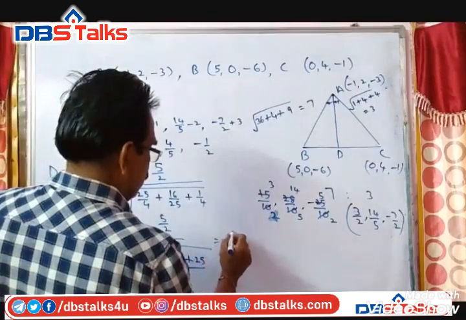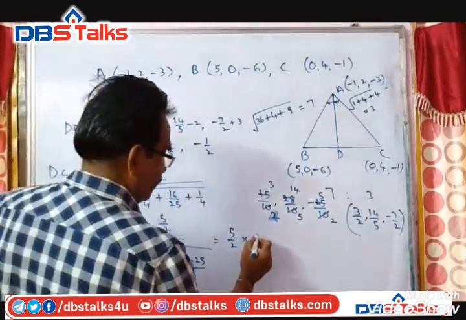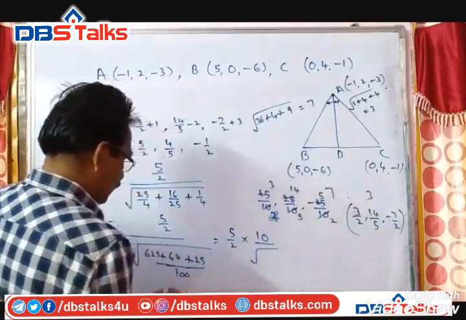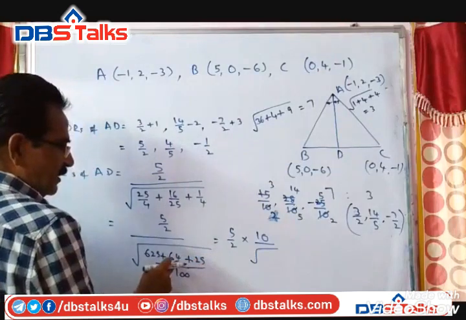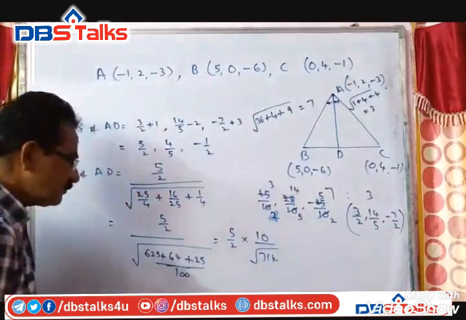So that is equal to 5 by 2 into root of 100, 10 by root of 625 plus 25, 650 plus 64, 714.